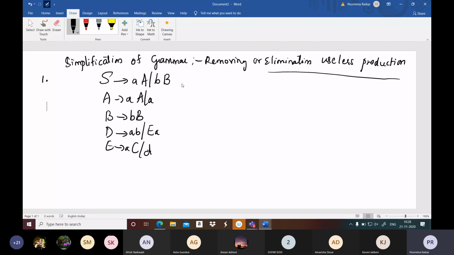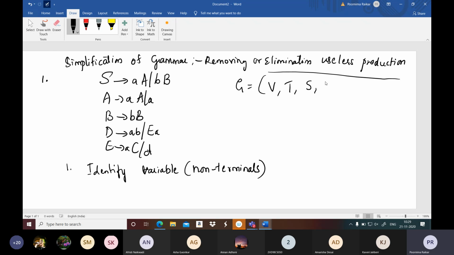Now first step in this: they have given you the rule. Which rules are useless? First step is to identify the rules which tend to terminal strings. Identify the variables. Here variables means non-terminals, all your capital letters. Keep this in mind: when I define a grammar, it has four tuples. One is your variables, that is non-terminals.